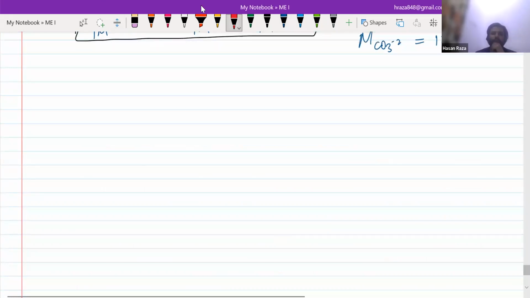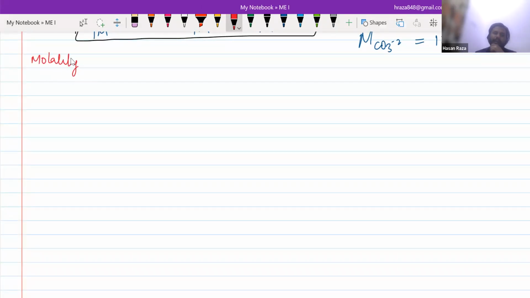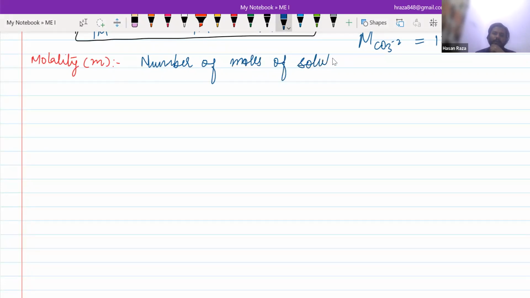Okay. Now we are going to have the next concentration term, that is molality, which is represented by a small m. Now I'm going to define it. Molality is number of moles of solute per unit mass of solvent in kg.